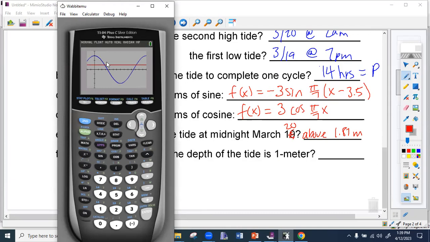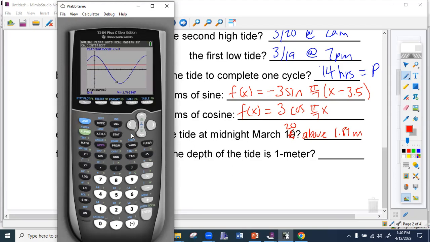So we want to find the intersection of this. To find the intersection, we're pressing second calc. And you see where it says intersect? Did we all see that? Second trace takes me to the calculate page, and I want to calculate the intersection.